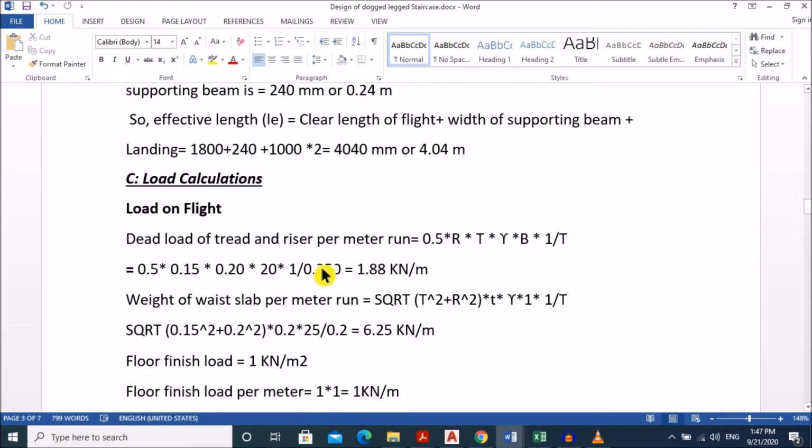Another step is calculation of the load on the flight. Dead load of tread and riser per meter run.